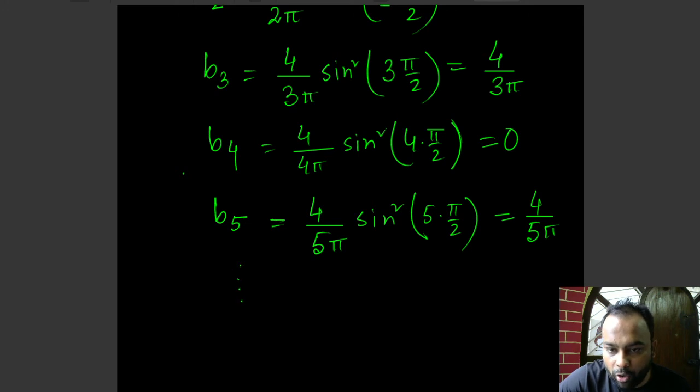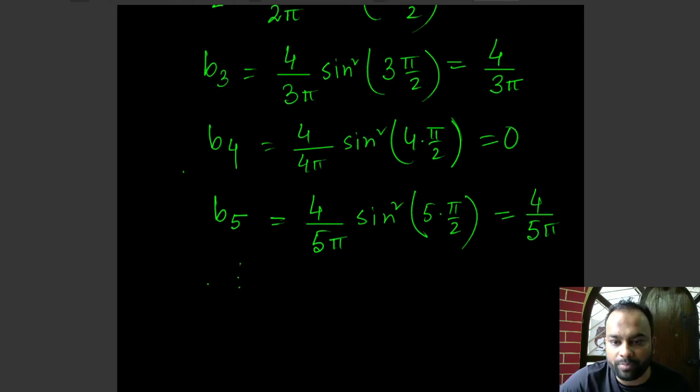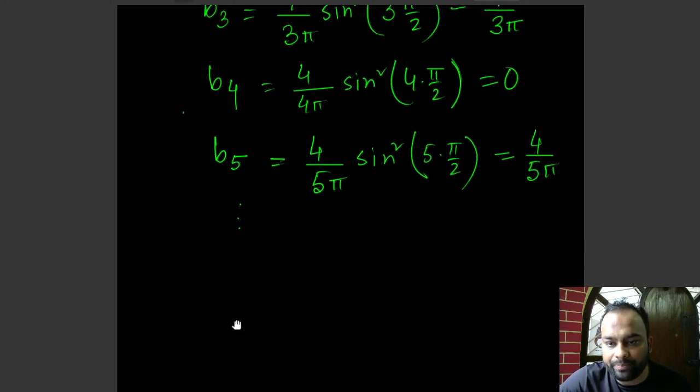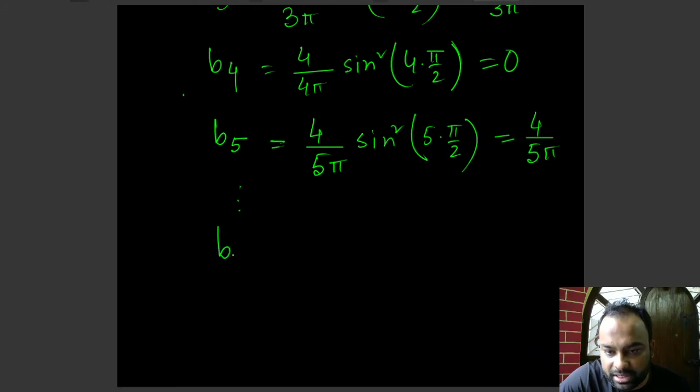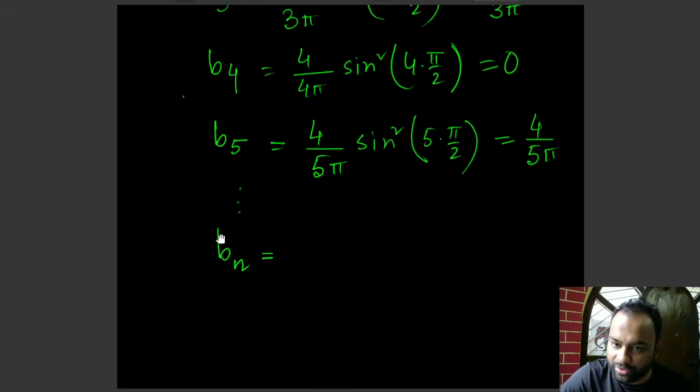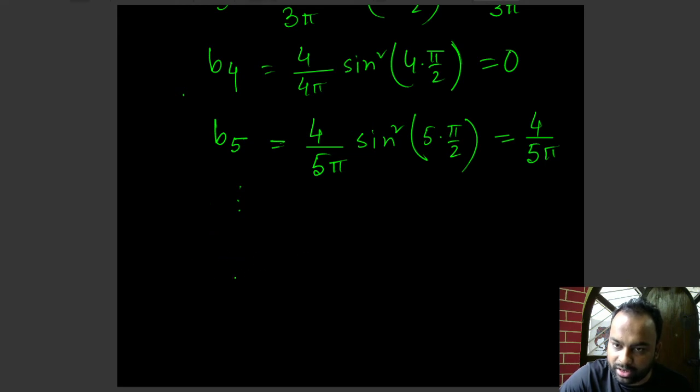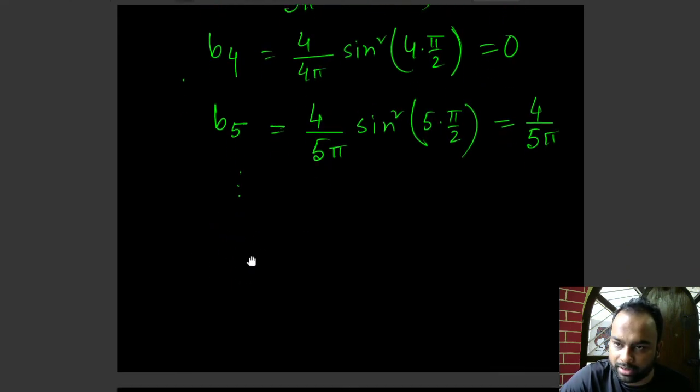I think you can figure out a pattern from this. Let's forget the general Bn, because that will be slightly more complicated to write.